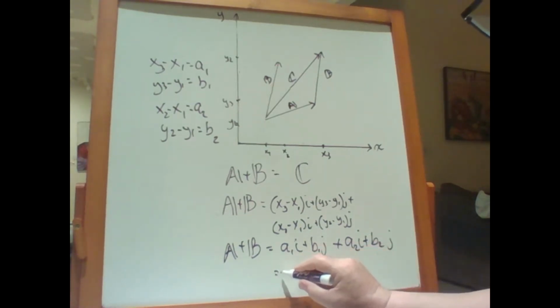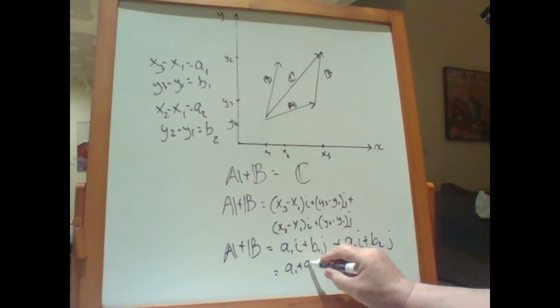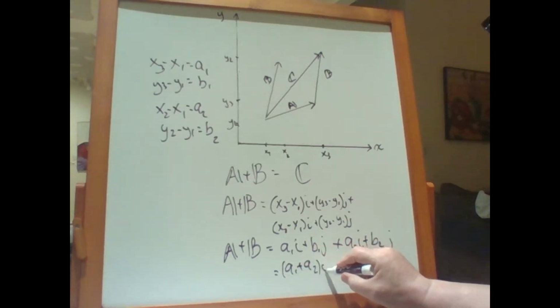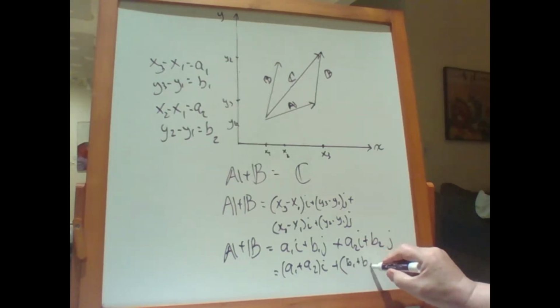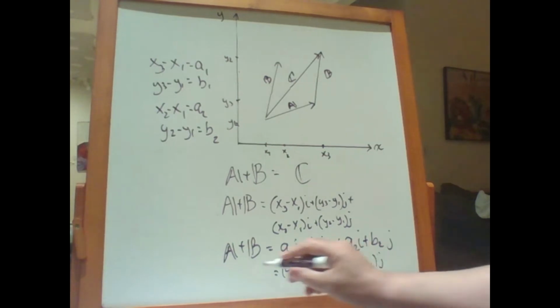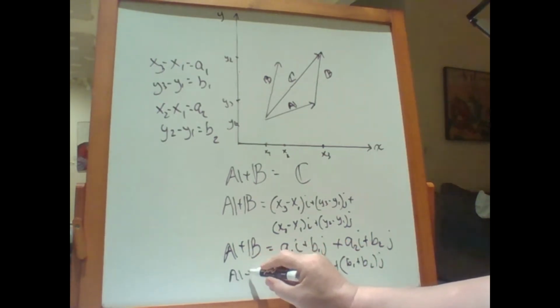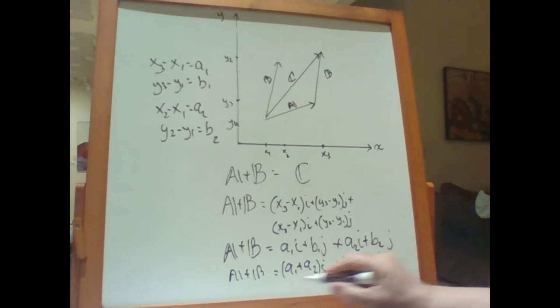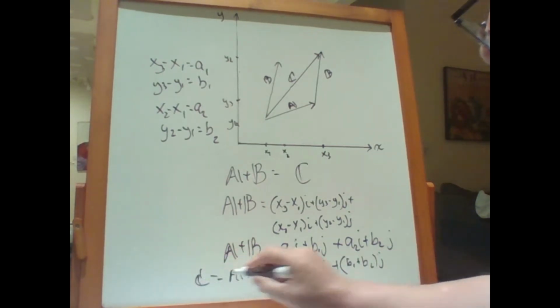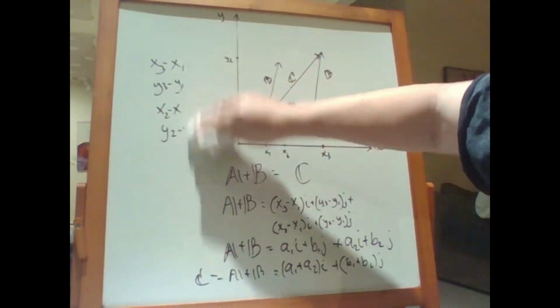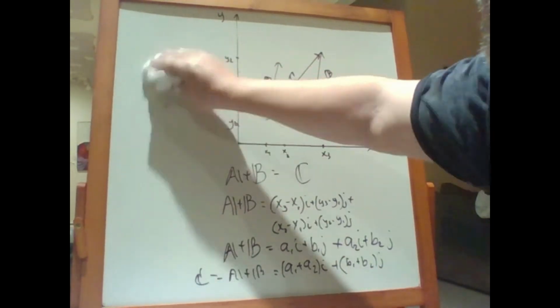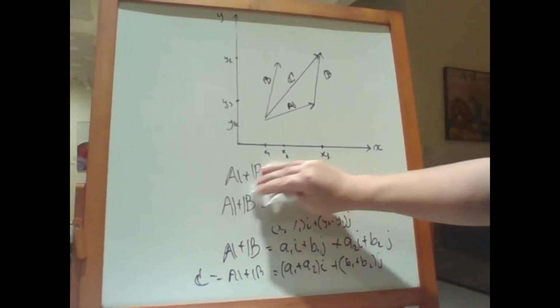So that's equal to a1 plus a2 i plus b1 plus b2 j. And that's a plus b, and that's equal to c. So that's how we do addition for vectors.